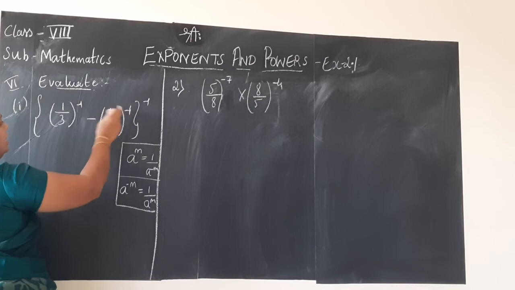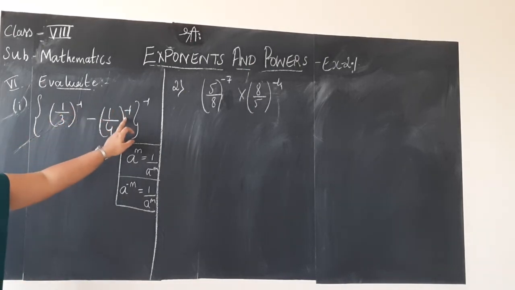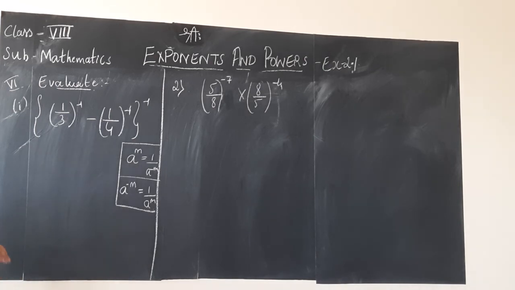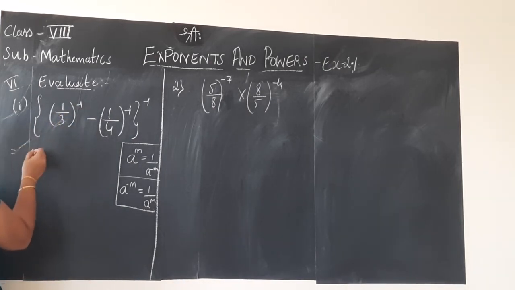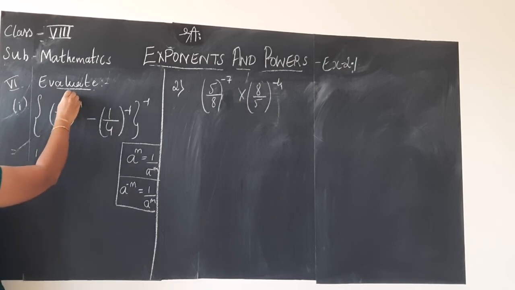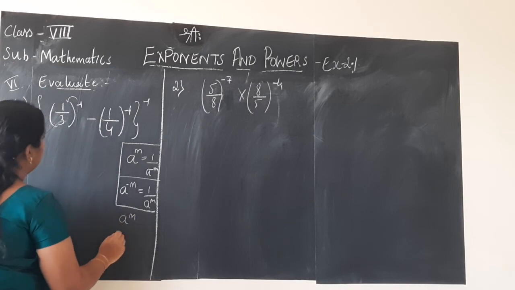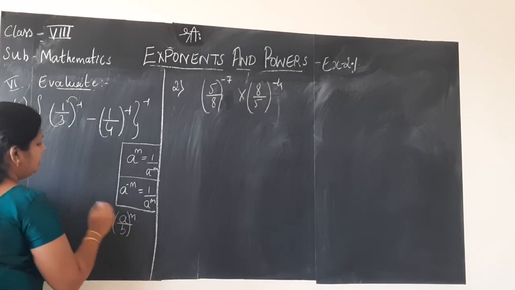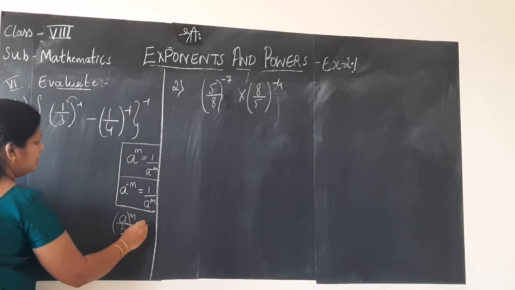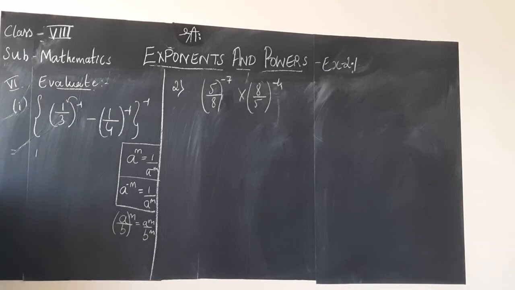So, if you apply that law to this problem, both the exponents are -1 here. If I apply them individually, it is of the form (a/b)^m. The bases are different now. (a/b)^m is a^m divided by b^m.